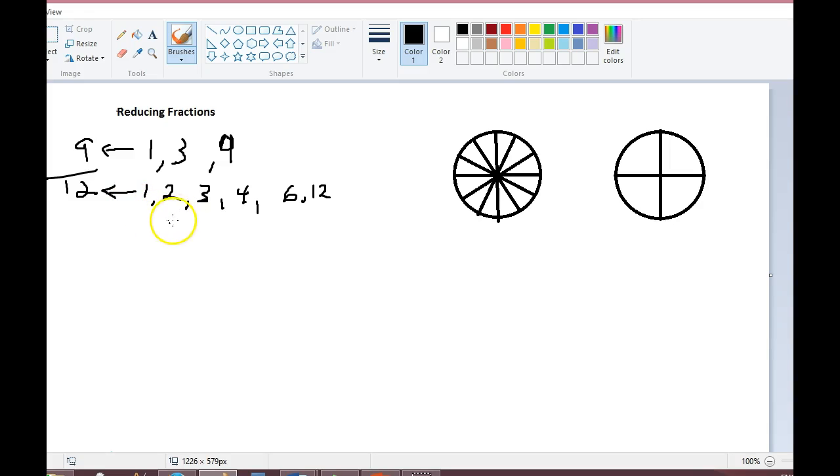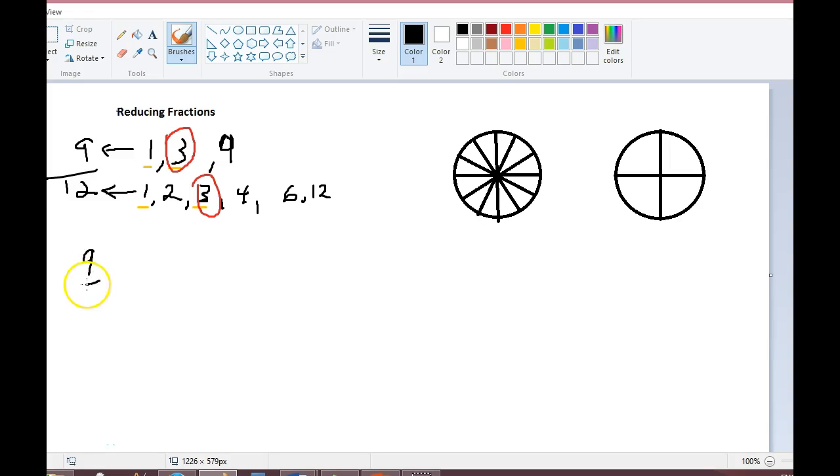Now we're looking for the greatest common factor. You might have noticed we've got some common factors, 1 and 3. And we are interested in the greatest of those two. That's the 3. So if 9 and 12 are both divided by 3, we haven't changed the value of this fraction at all, we've just changed the way it looks.